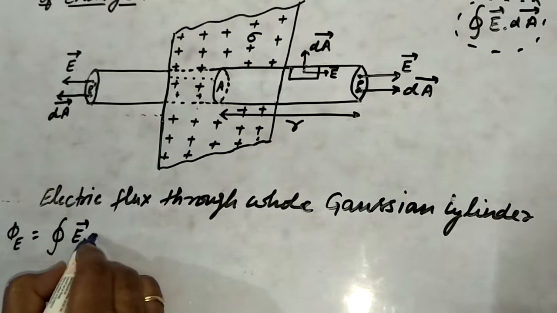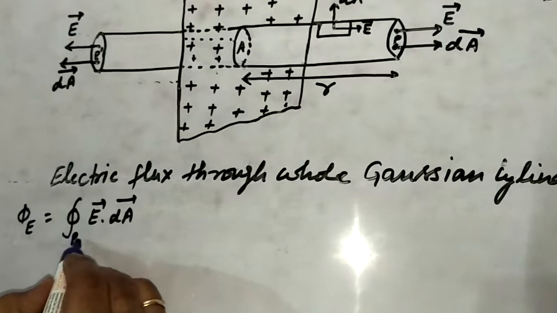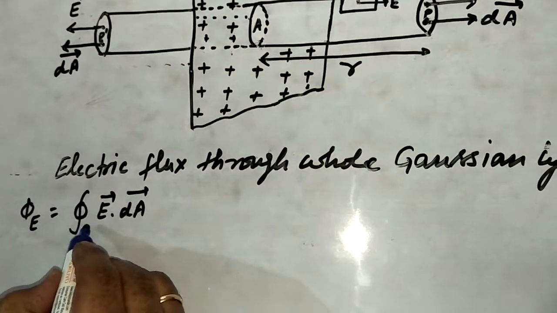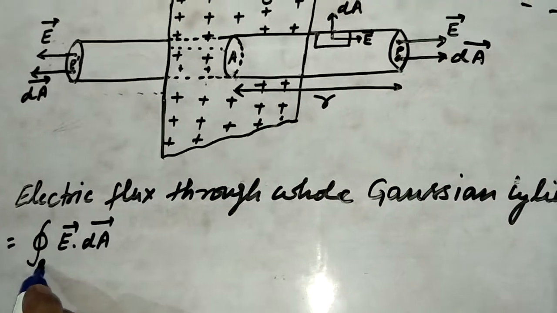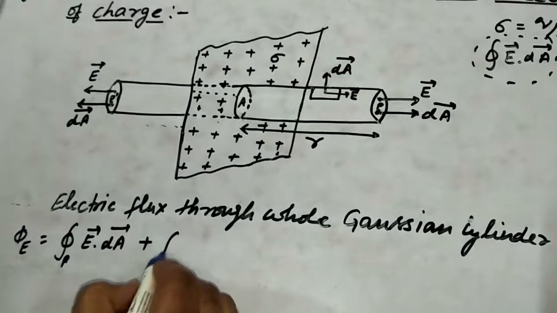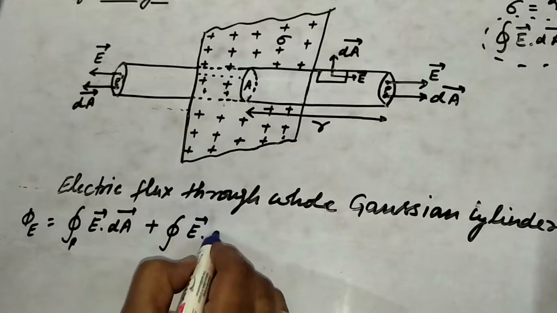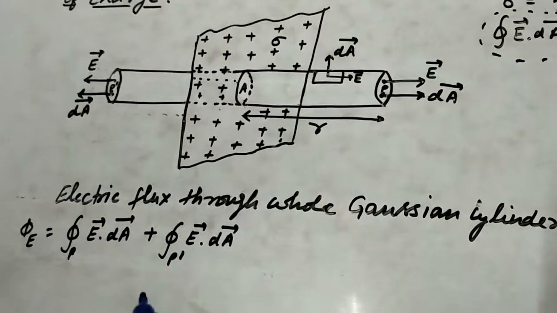So the electric flux through the whole Gaussian cylinder, phi E, should be equal to the total electric flux passing through the plane end at P, E dot dA, plus the total electric flux, vector E dot vector dA, at P dash.